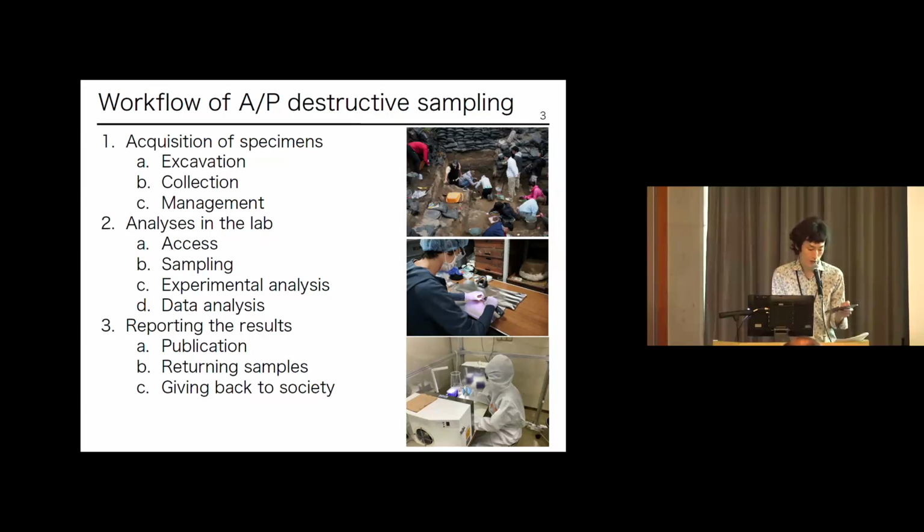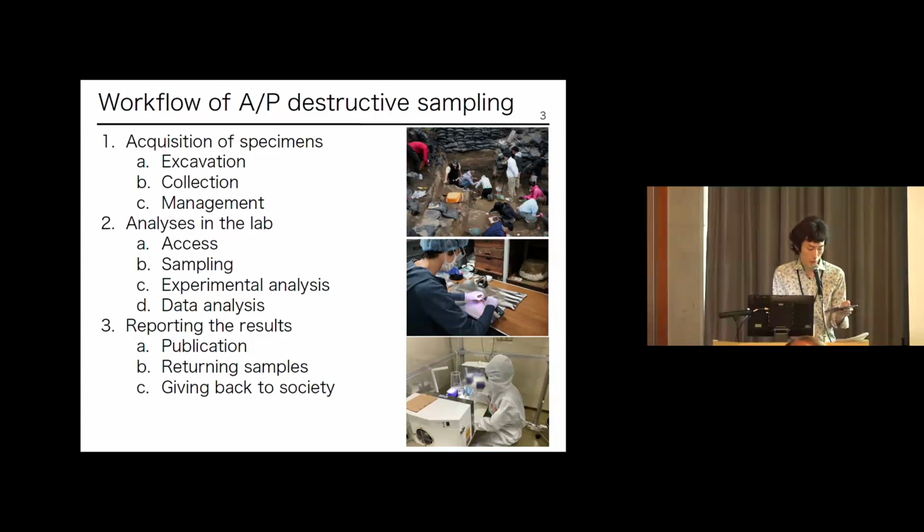First, specimens are excavated and collected by institutions such as universities or museums, where curators identify, register, and store the specimens. Researchers who perform analysis need to access these stored specimens. After obtaining official permission to conduct research, they sample a portion of the specimens.